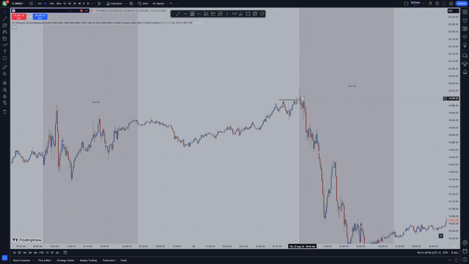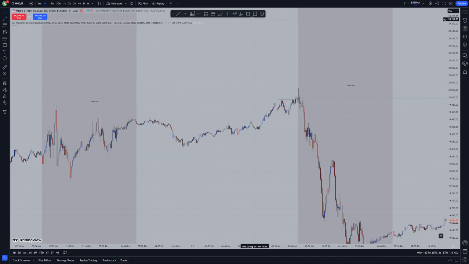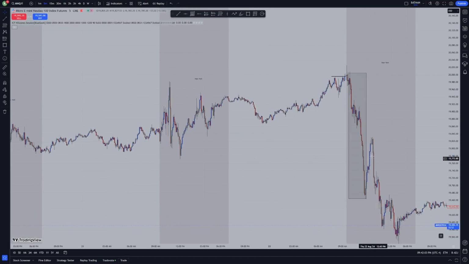Equal highs get liquidated, and then what happened? Sell off. So once equal highs form, if it's close to the market open, or just a session with volume, it usually just gets liquidated and goes to the opposite side, right?